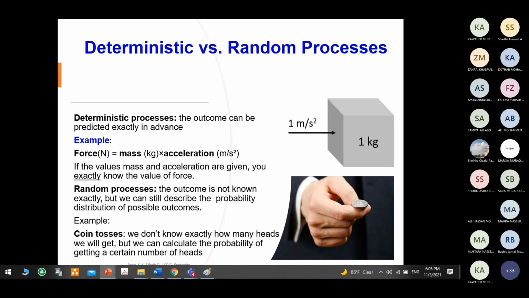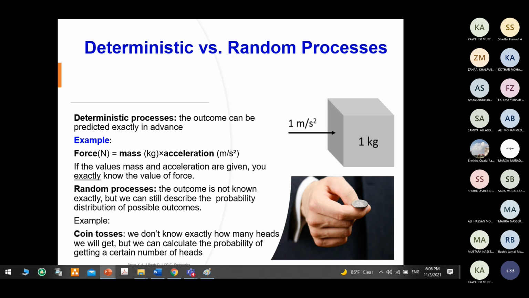For example, if I have 1 kilogram of some material, and there is an acceleration of 1 meter per second squared applied across it, then multiplying the mass by the acceleration, I know this is exactly the force applied across this 1 kilogram of material.